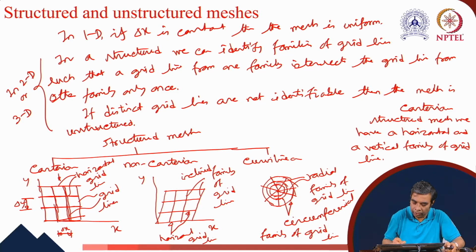Here the grid lines are orthogonal. Now this is an example of a polar grid. This mesh is known as a polar mesh. So we can write it as polar mesh.